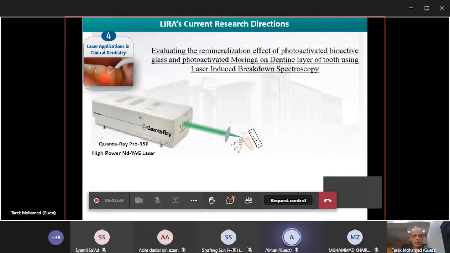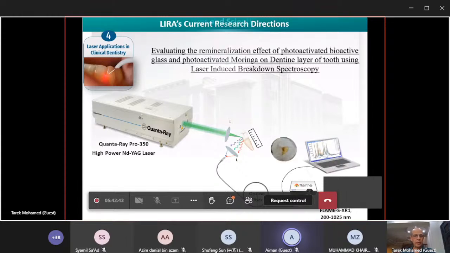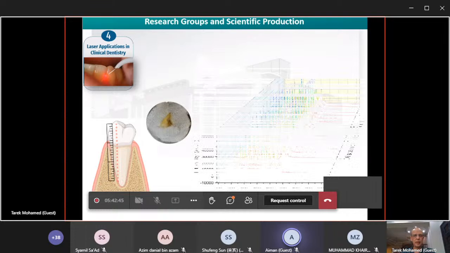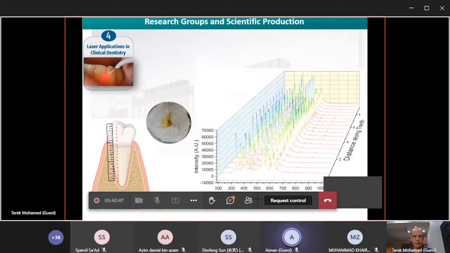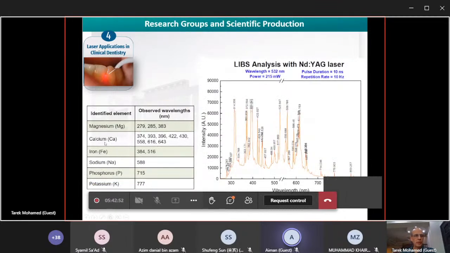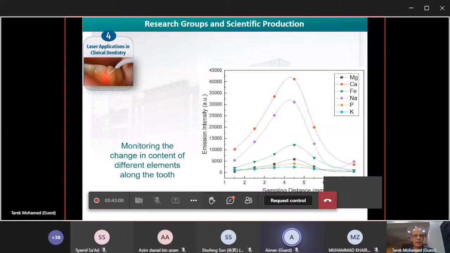So we focus the laser on the tooth, and we record the emission using a spectrometer, and we could know exactly which elements we have in the tooth. And as you can see here, we could know exactly calcium and magnesium, identify iron, sodium, phosphate, potassium, and we could know exactly the abundance of each element, whether it was normal or not.